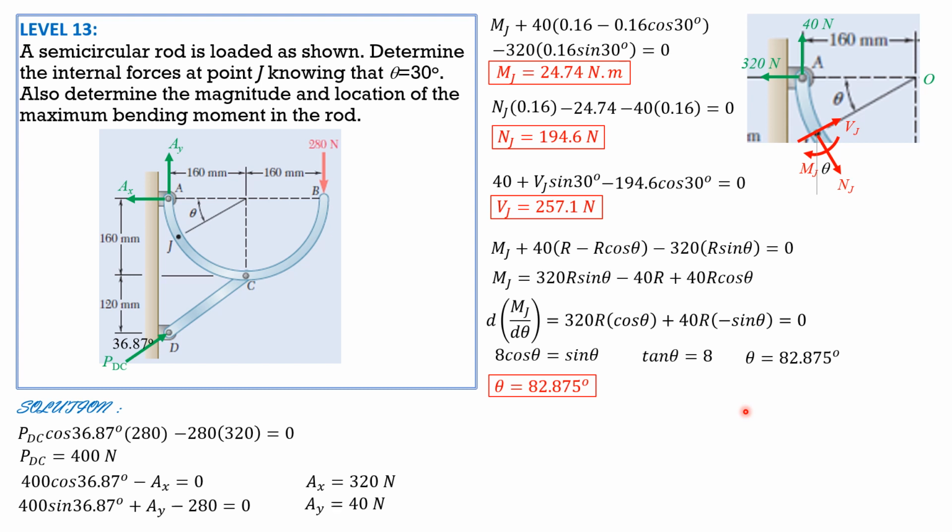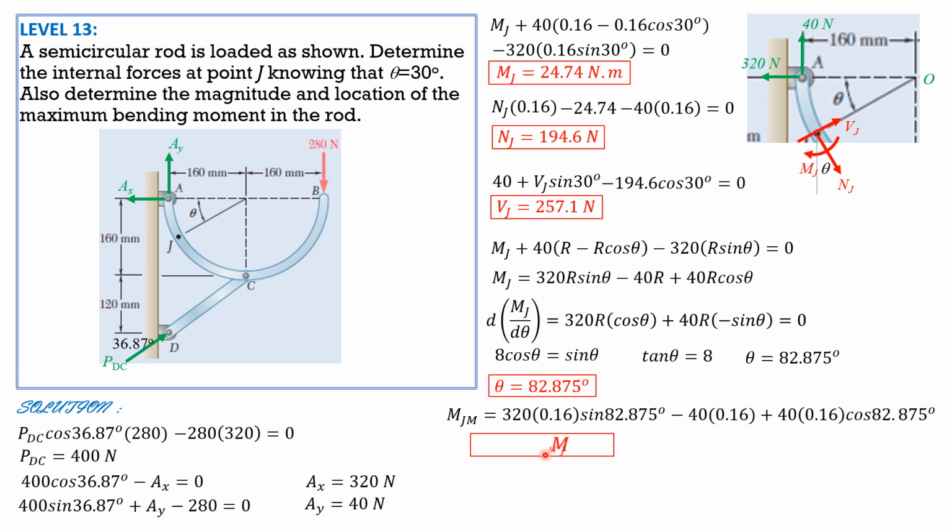Then for maximum moment, we substitute it here. Remember, r is 0.16 and theta is 82.875. So Mj max is 320 times 0.16 sine of 82.875 degrees, minus 40 times 0.16, plus 40 times 0.16 cosine of 82.875 degrees.